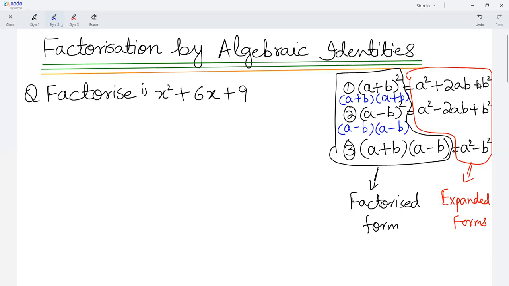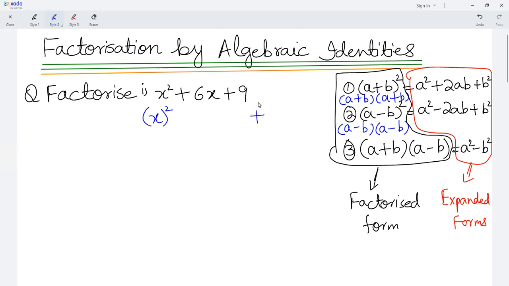In this case a squared and b squared are written in both equations. It means the first term and last term must both be squares of some number or variable. So x squared can be written as x whole squared, meaning x squared is the square of x.